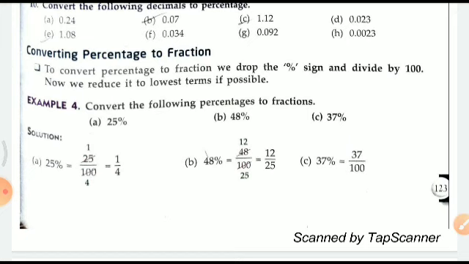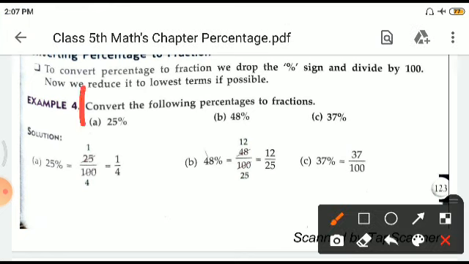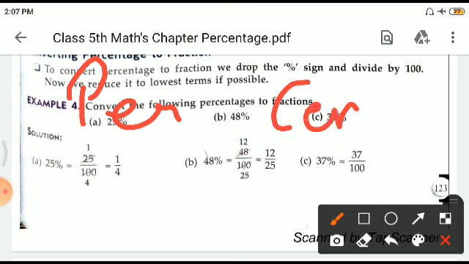Children, just for a quick recap, percentage is the representation of any number out of 100, right? Percentage means percent. The word itself has two halves, per and then cent.